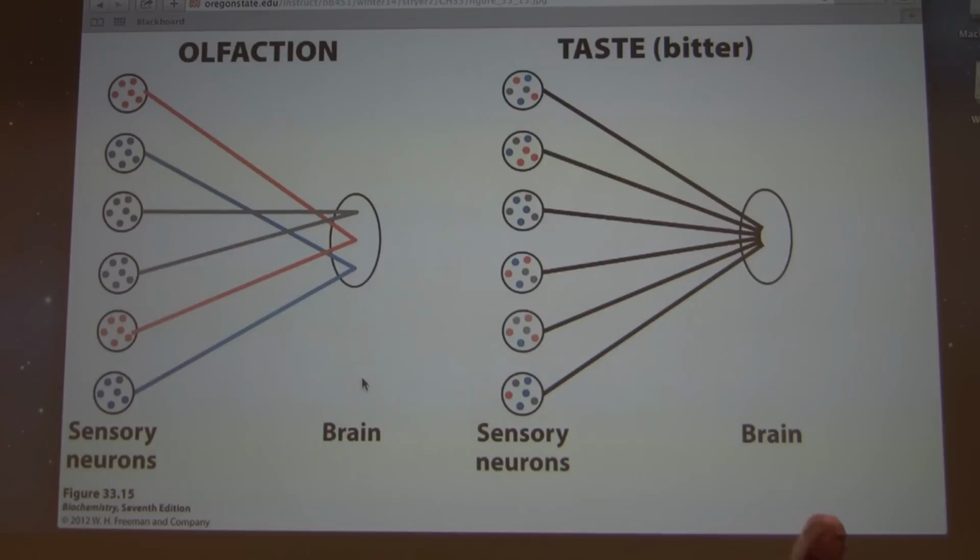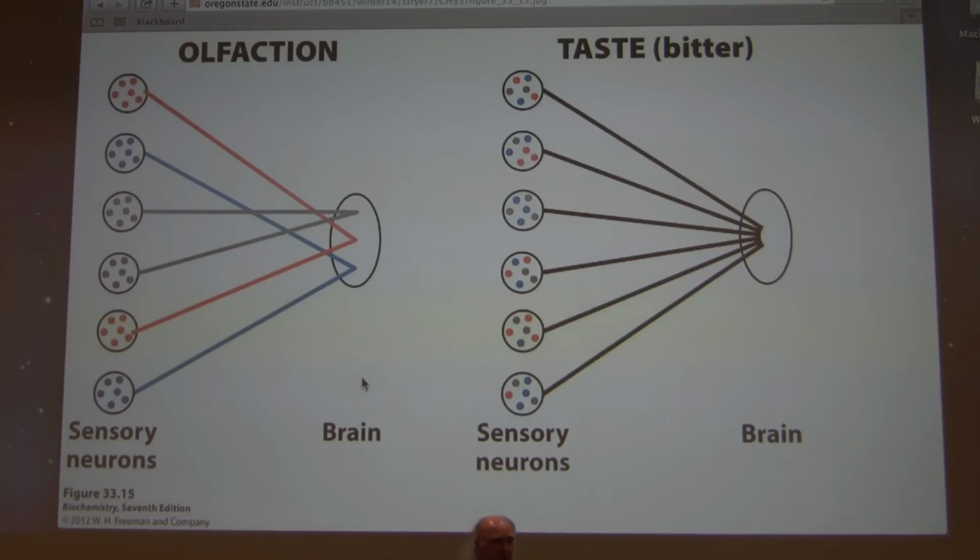When I go to taste bitter, I may actually have several different receptors, each of which can detect bitter, just like I had over here, but instead of being linked between bulb and brain, they're mixed. So my bitter receptor taste bud might have several different bitter receptors on it, and they all map to the same section of the brain. Therefore, I can perceive that it's bitter, but I can't tell what kind of bitter it is.